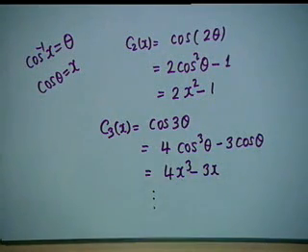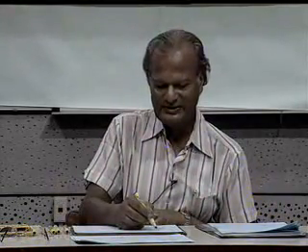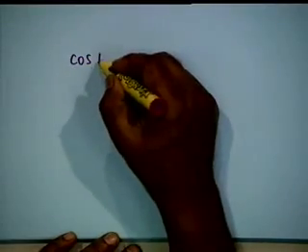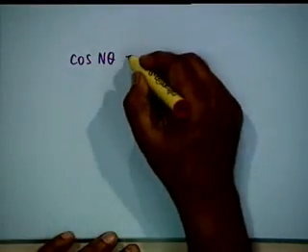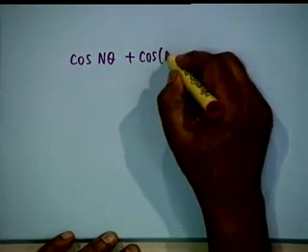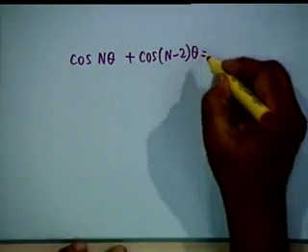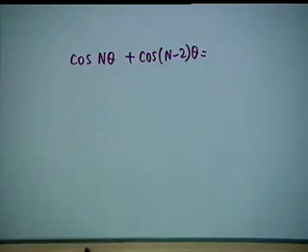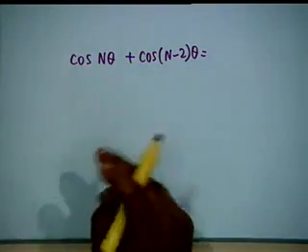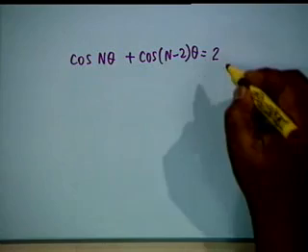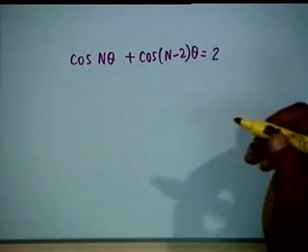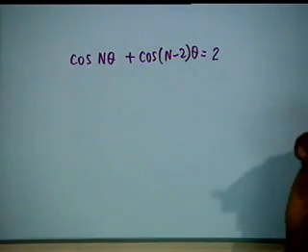Does that mean that we shall have to remember all the multiple angle formulas? No, we can find a recurrence relationship, and the recurrence relationship comes from this: cosine of n theta plus cosine of n minus 2 theta. If we apply the trigonometric formula, cosine A plus cosine B is twice cosine of A plus B by 2 times cosine of A minus B by 2.